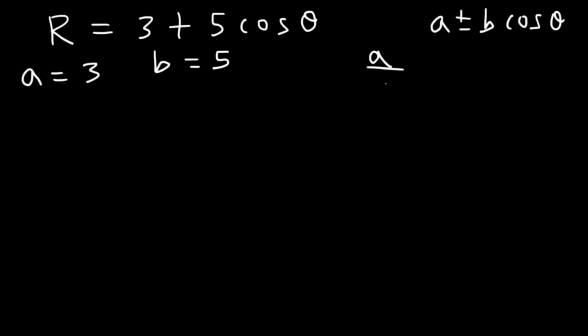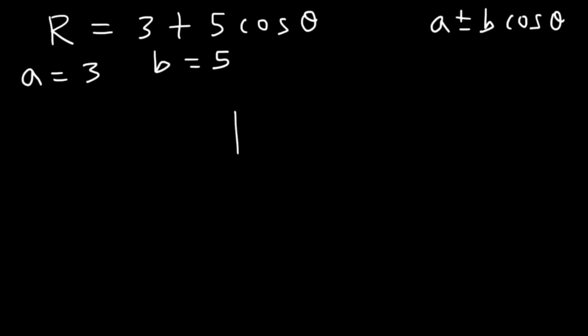Now, we need to see if a over b is less than 1, between 1 and 2, equal to 1, or greater than or equal to 2. So a over b is 3 over 5, which as a decimal is 0.6, which is less than 1. Because it's less than 1, we know we have the limacon with the inner loop.